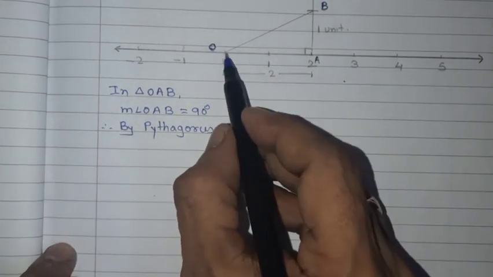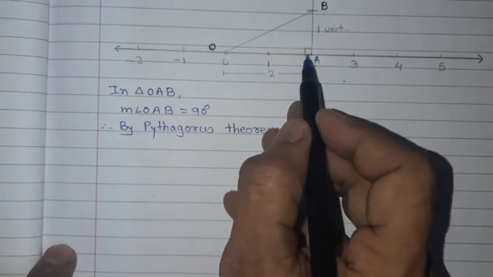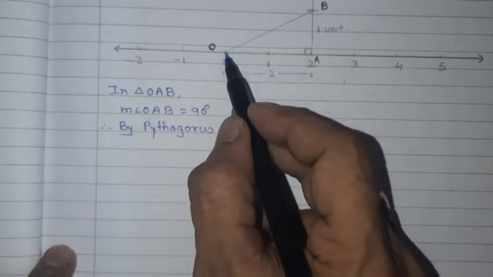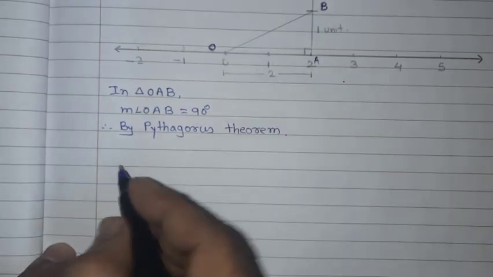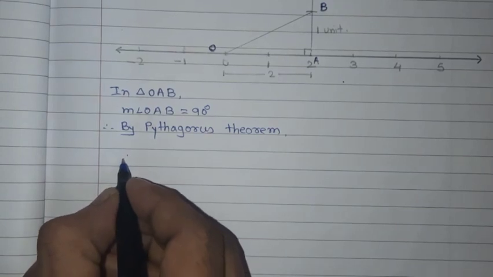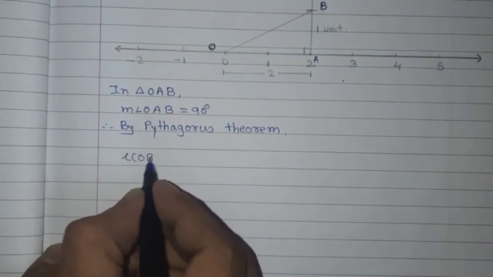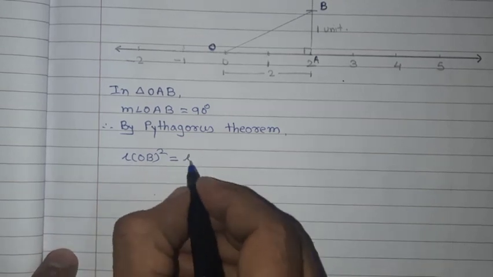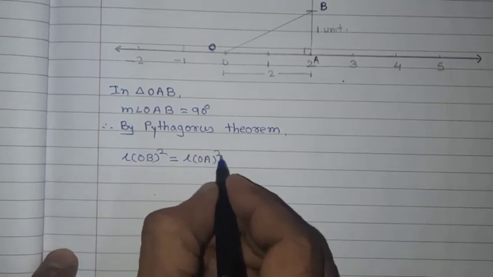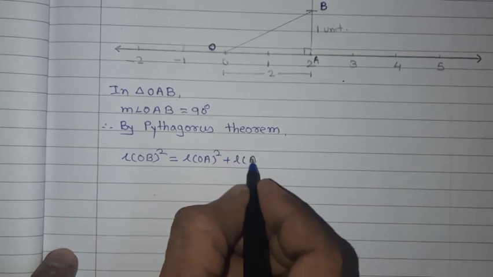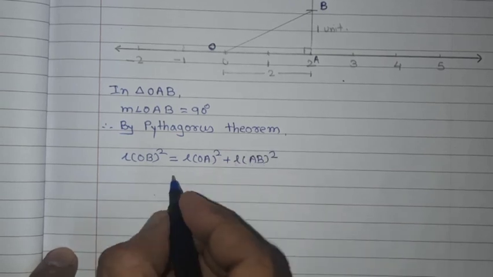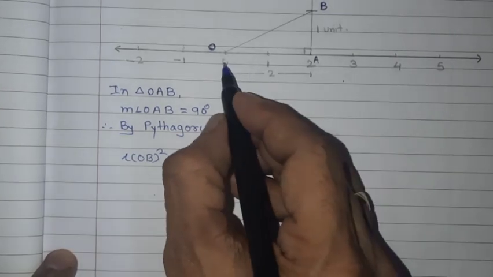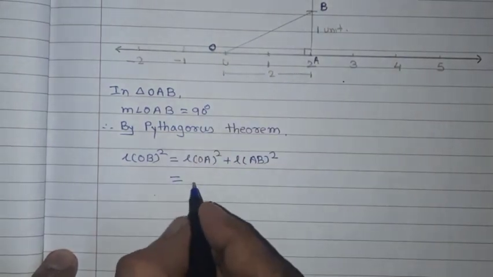Now dear student, in this right angle triangle, angle A is 90 degree. Therefore this OB is known as hypotenuse. Therefore we can write here, length OB square is equal to length OA square plus length AB square. Now all of you know that this OA distance is 2 unit.